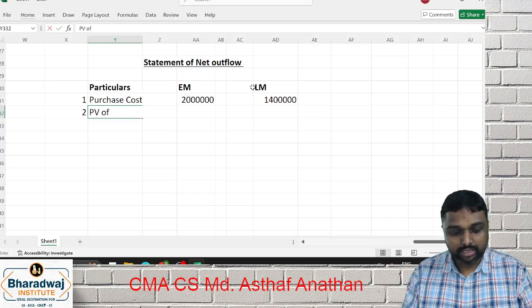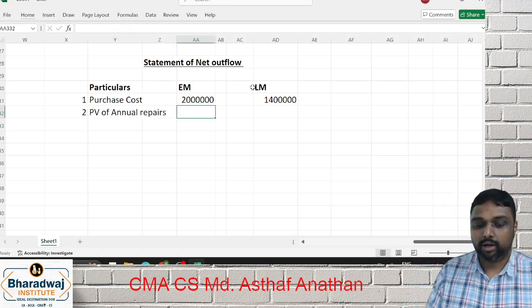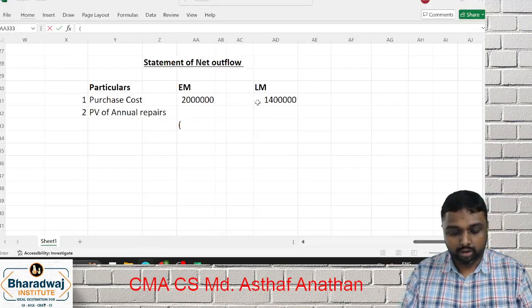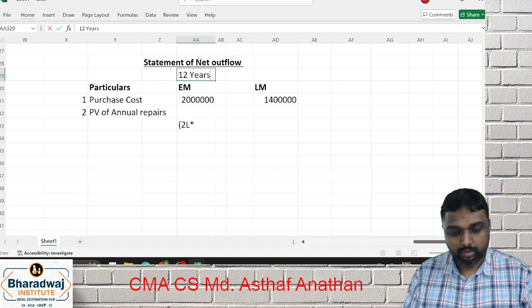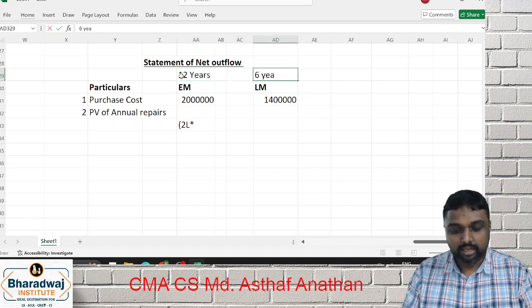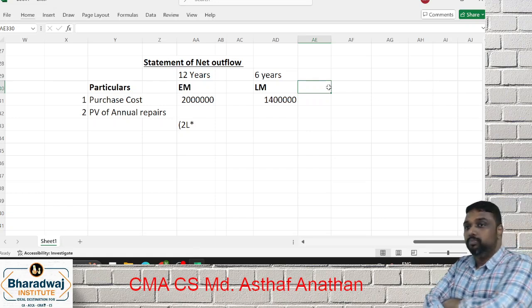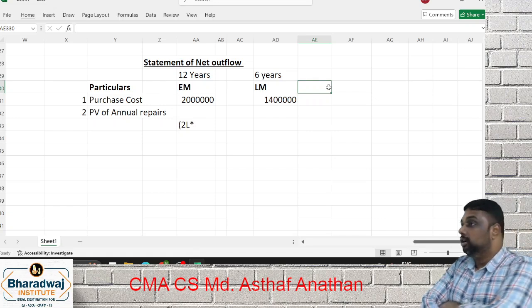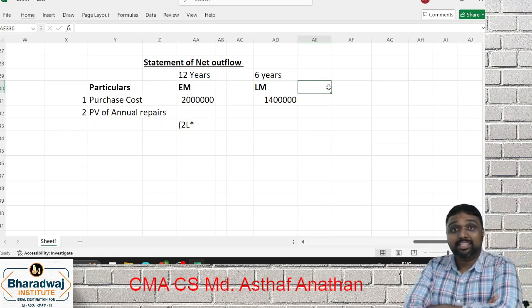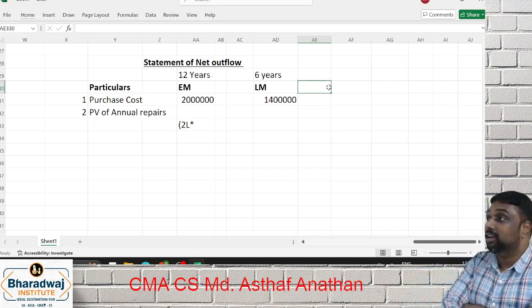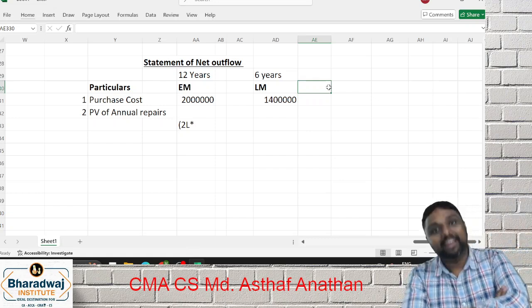Next, present value of annual repairs. What is your annual repair amount? 2 lakh. See, EM machine, how many years? LM machine, how many years? 6 years. Hope you have read the question properly. EM is 12 years, LM is 6 years. Annual repairs will come every year, so if it is 12 years, it will come for the entire 12 years.